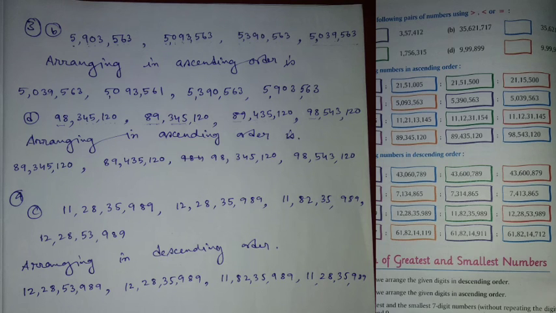So bigger to smaller, 4C: 12,28,53,989. Then 12,28,35,989. Then 11,82,35,989. Then 11,28,35,989. So this is the answer.